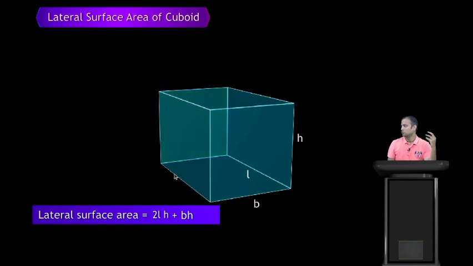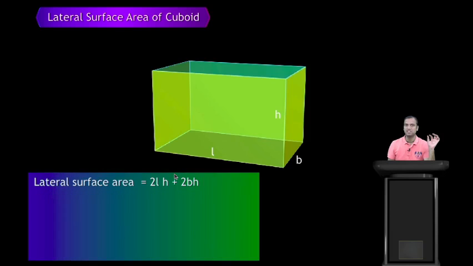Now the lateral surface area is 2LH plus 2BH, and then we can take 2H common, so it is 2 into L plus B into H. Now can 2 into L plus B give you any impression of an area or perimeter?